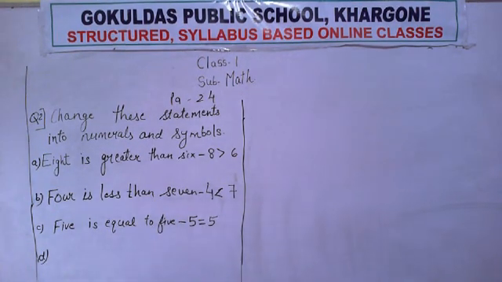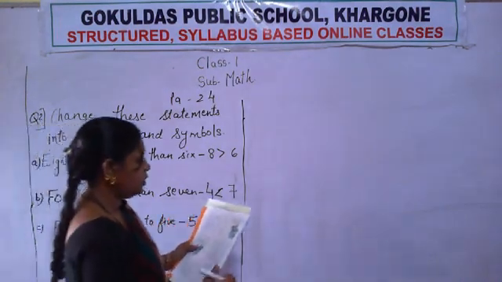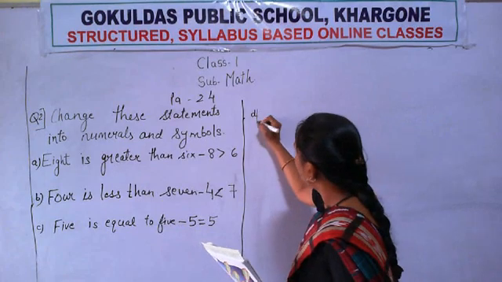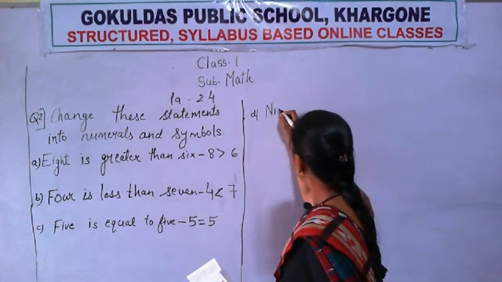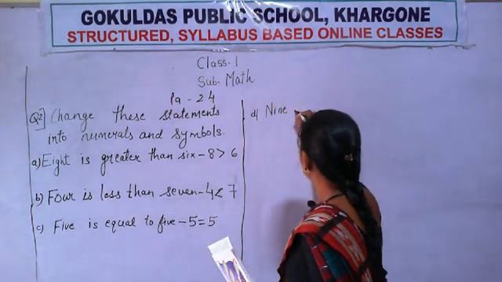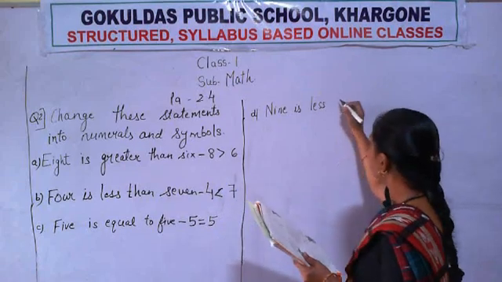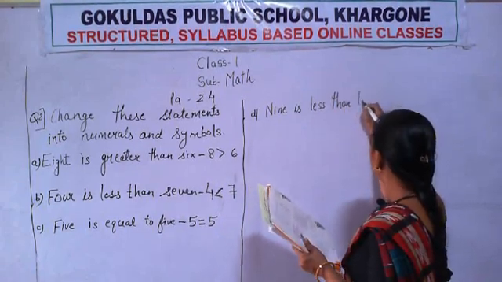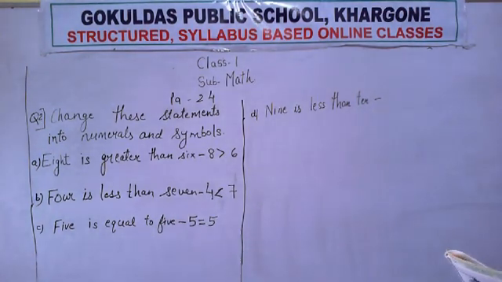D. 9 is less than 10. NINE is 9, TEN is 10.